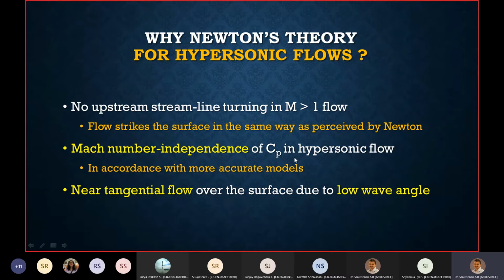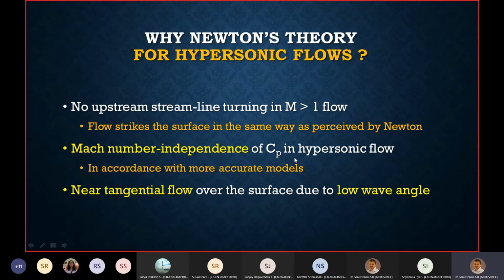This is where Newton also started off. Newton's argument was that the flow hits and then flows over it. I repeat, the flow hits the surface and then becomes almost tangential to it. So to that extent, this is true in our case also. The flow turns only after hitting, and there is no streamline curvature a priori.